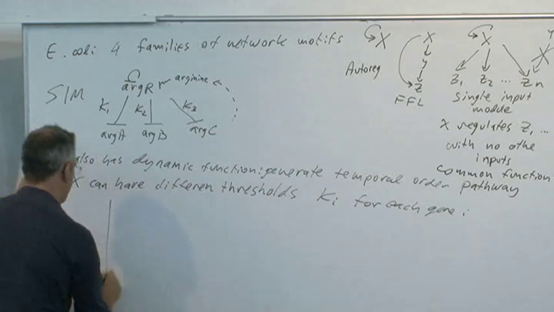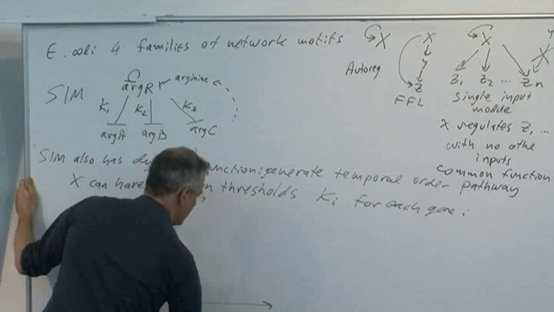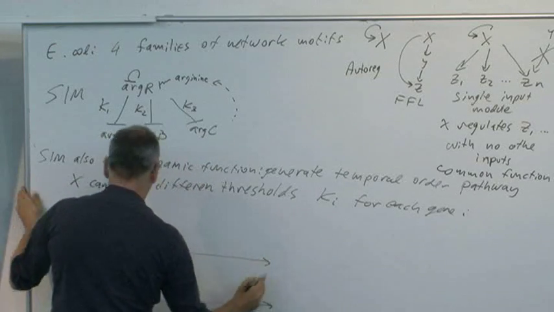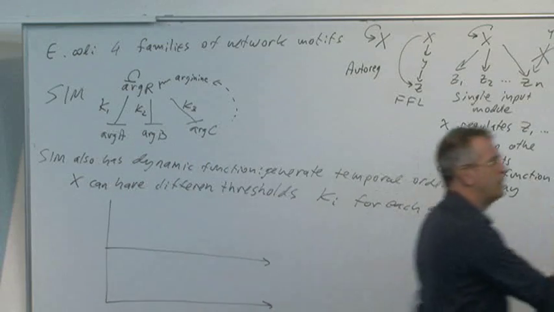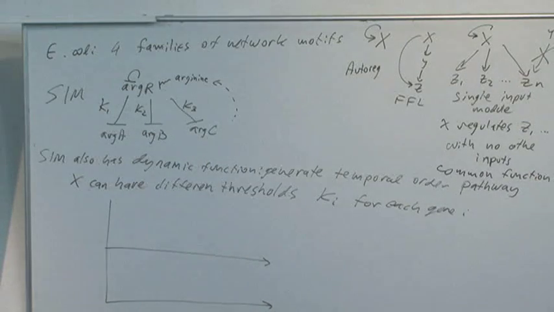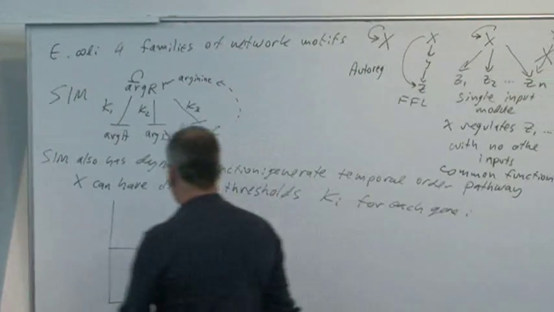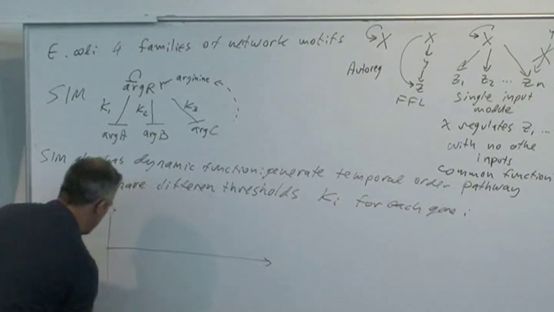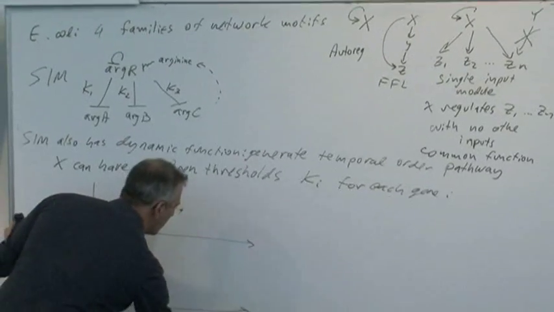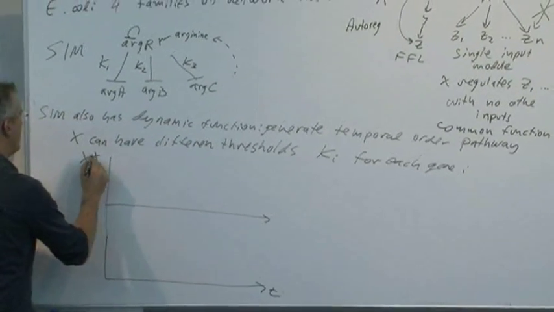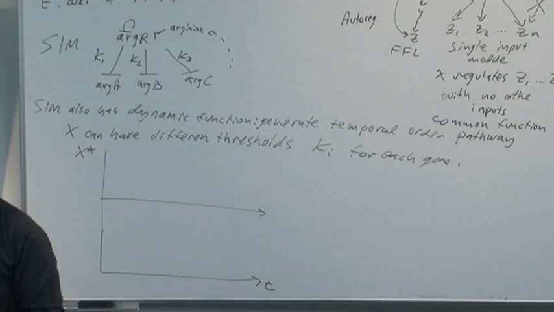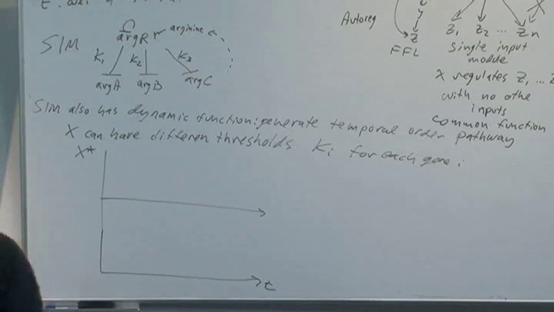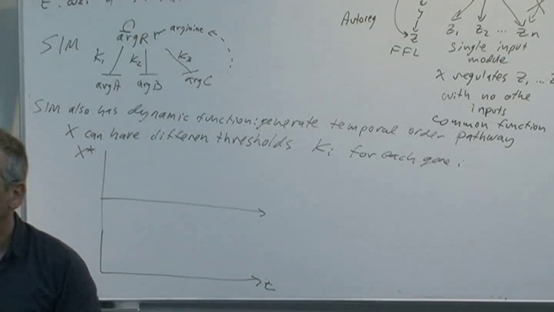And therefore, check it out. Okay. We're going to need a little bit more. Maybe I'll do it here. So this is X star. Now, instead of what I did last with the feed-forward loops, where we had abrupt on steps, I'm going to let X star here change gradually.